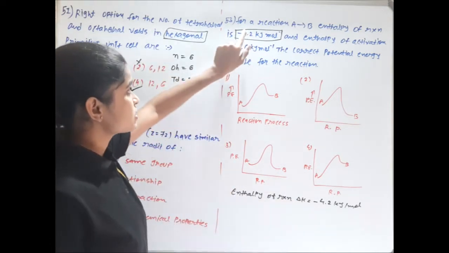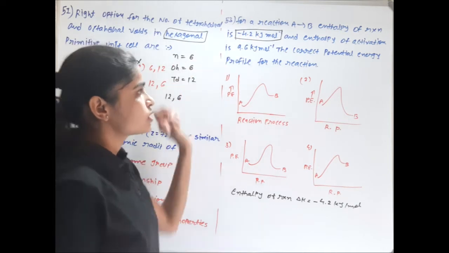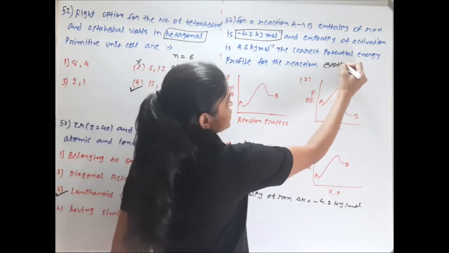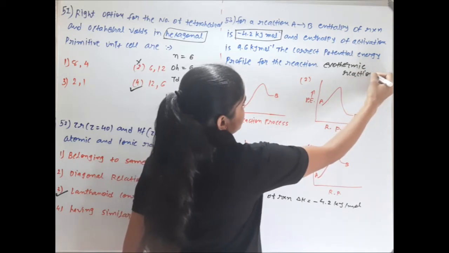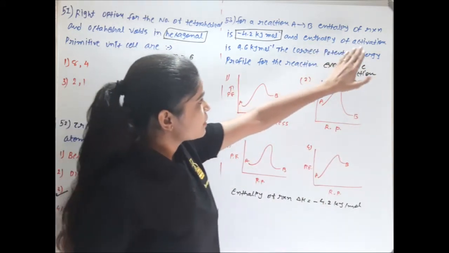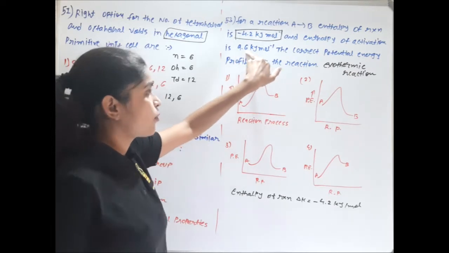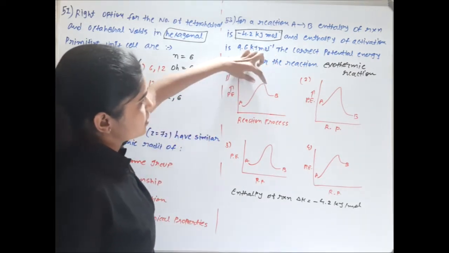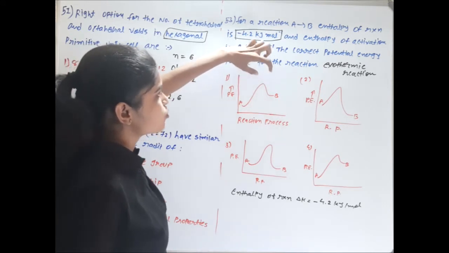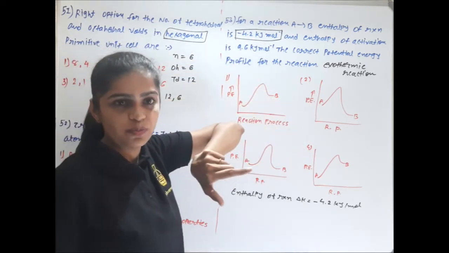In this question it gives minus 4.2, so this is an exothermic reaction. And the enthalpy of activation is 9.6. That means the activation energy peak of the potential energy is more than the product value.